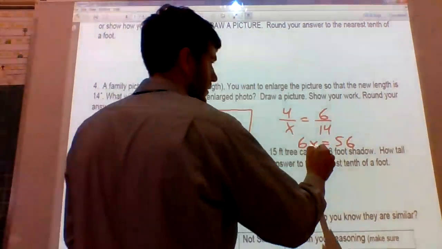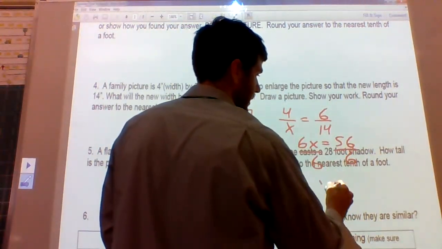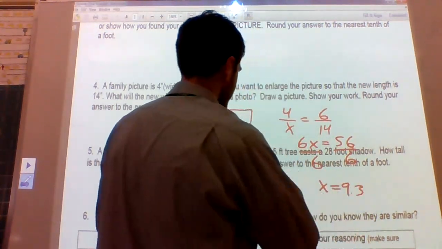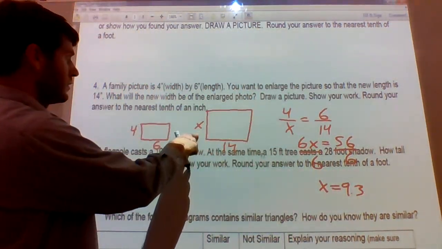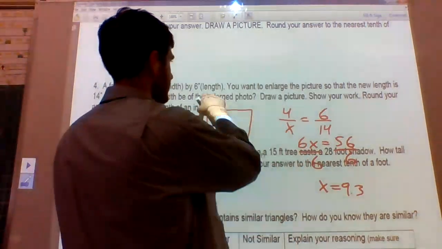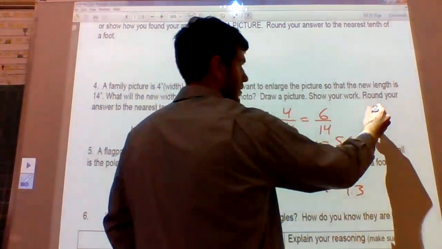Divide by 6. We get x equals 9.3. So the width here is going to be 9.3 inches. So this symbol is inch.